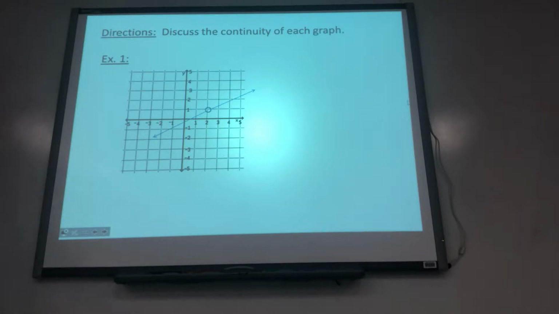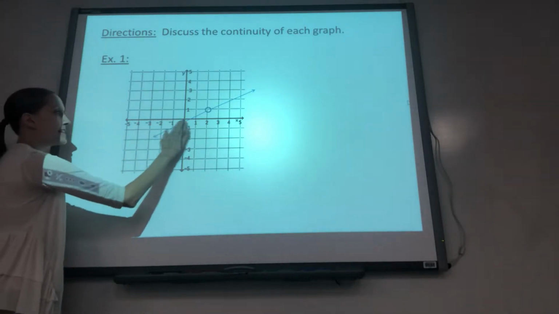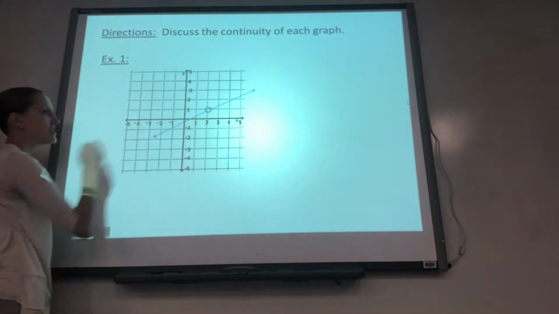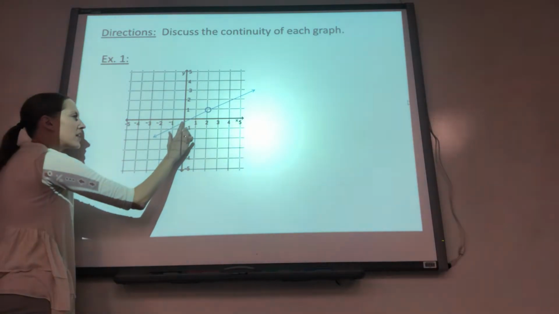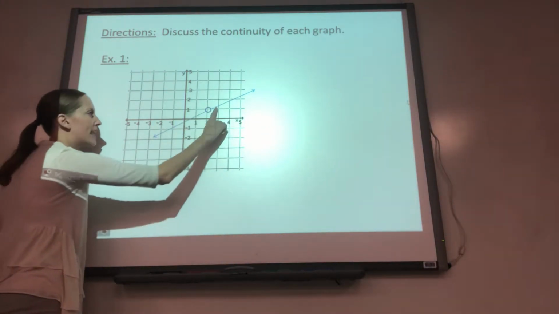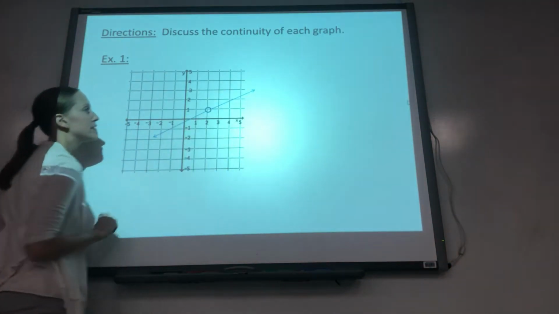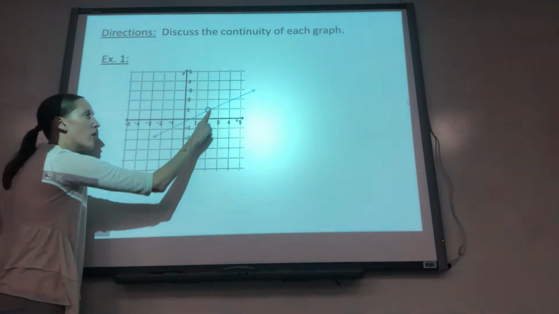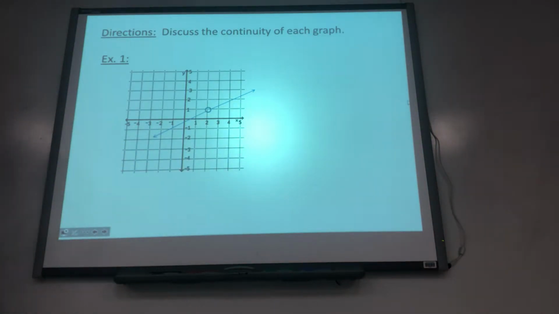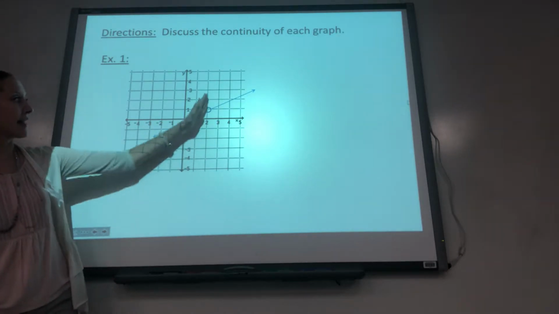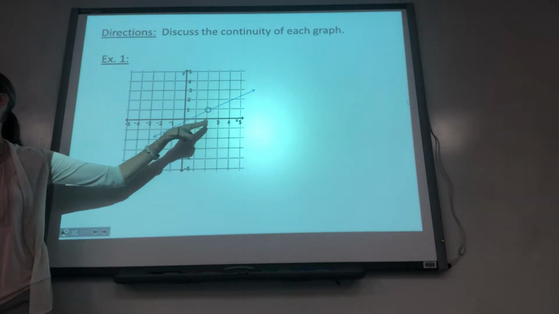Those are all problem areas for continuity. So if you look at the x values this graph is taking on, everything over here is fine. It's just a line. Everything over there is fine. But the one x value that I'm concerned about, the problem area, is where x equals 2.